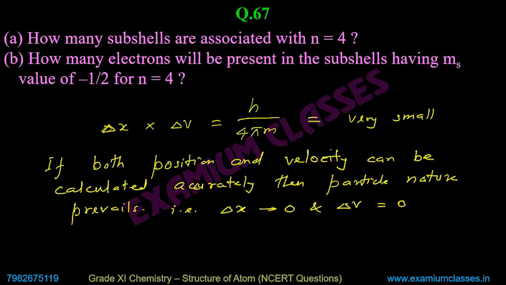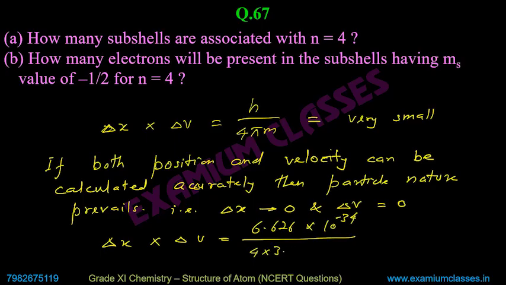Sir, do you mean below 10 to the power minus 4? Yeah, I will tell you how. For example, consider just a 1 gram ball. Even for 1 gram, delta x into delta v will be 6.626 into 10 to the power minus 34 divided by 4 into 3.14 into 1 into 10 to the power minus 3 kilograms, that is 1 gram.